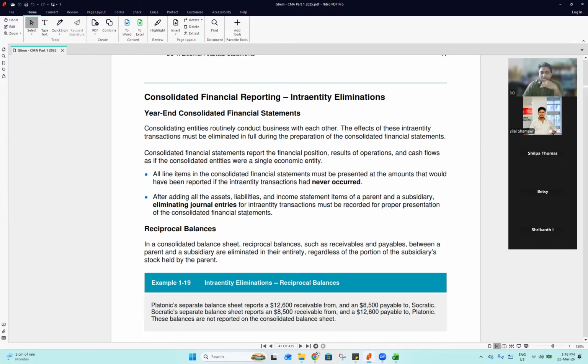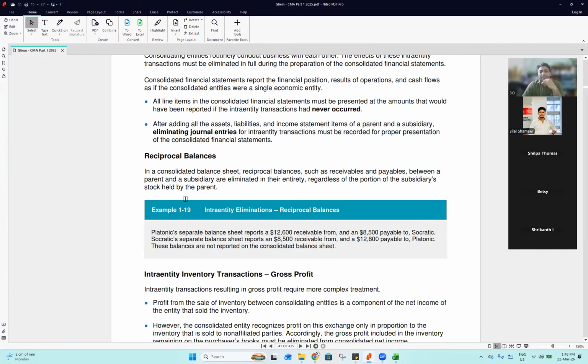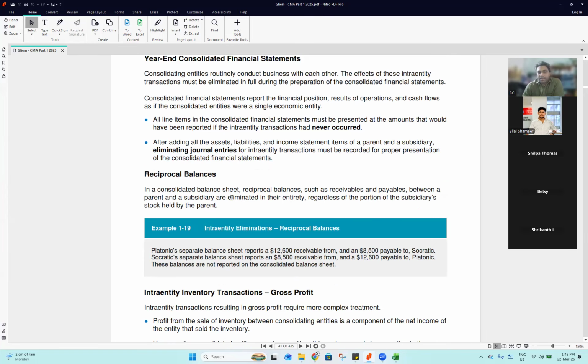Okay. Next, reciprocal balances. In a consolidated balance sheet, reciprocal balances such as receivables and payables between a parent and subsidiary are eliminated in their entirety, regardless of the portion of the subsidiary stock held by the parent. Now, what happens here? Platonic's separate balance sheet reports 12,600 as receivables and 8,500 as payable to Socratic.